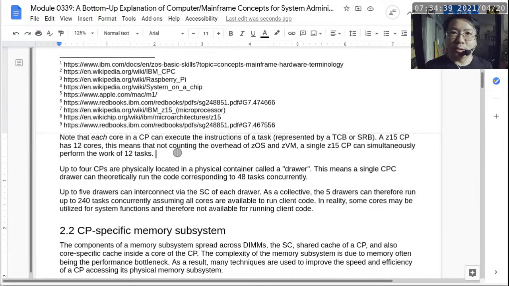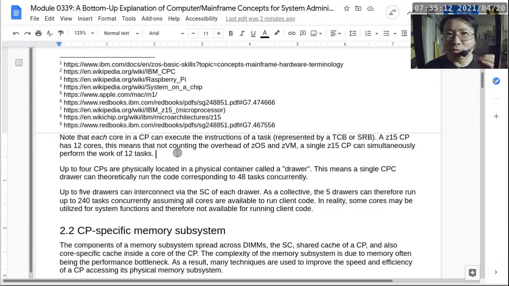An ALU stands for an arithmetic and logic unit, and then the FPU stands for a floating point unit. So these are subcomponents inside the core that actually get the computations done. Okay, and there are multiple of these things, but a lot of times, when one thread, I shouldn't say thread because thread is almost equivalent to a task, but a thread is used by the computer industry other than IBM.